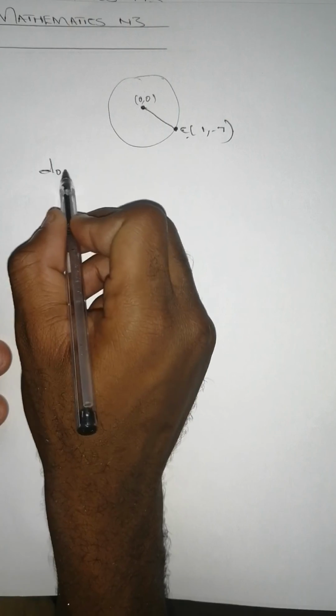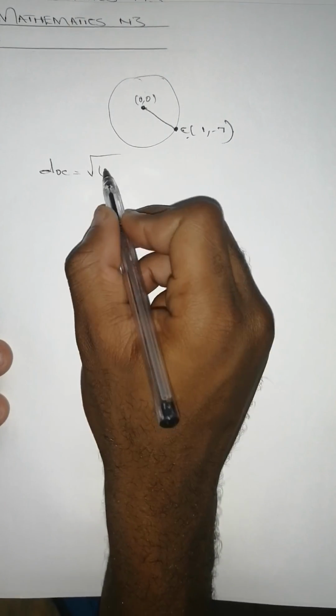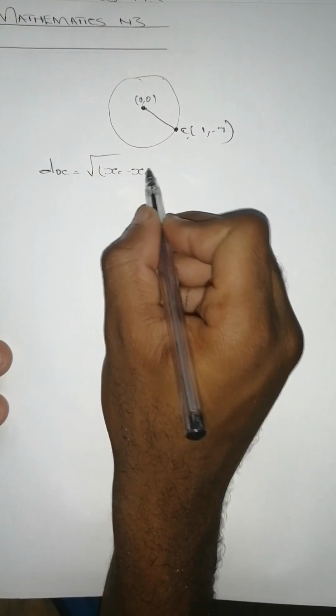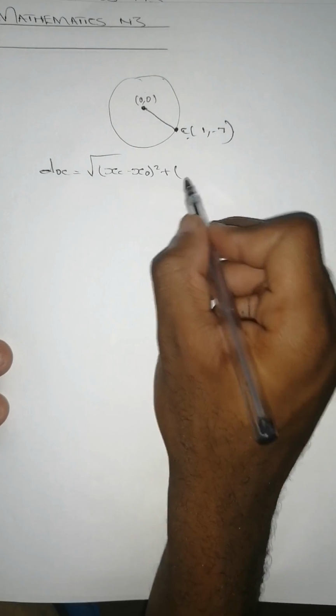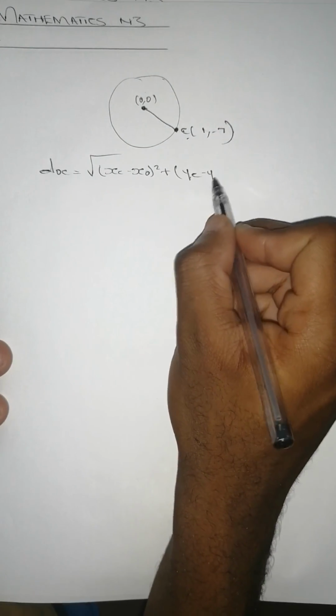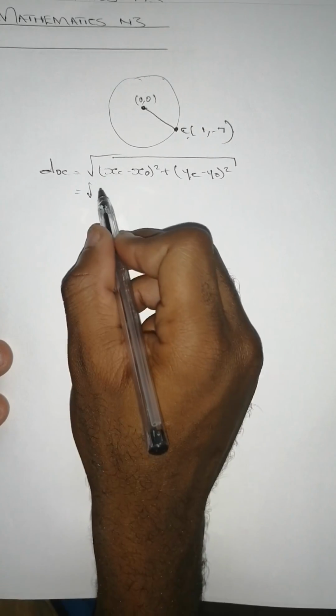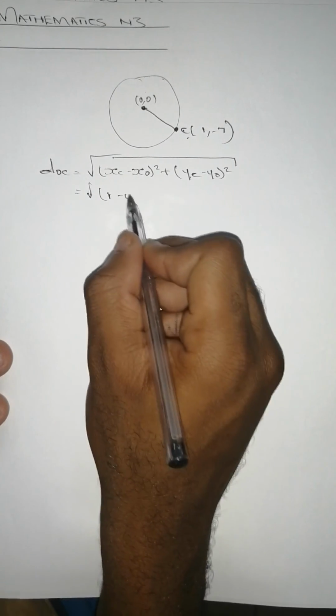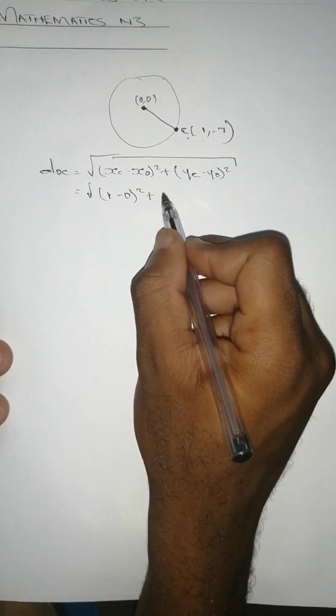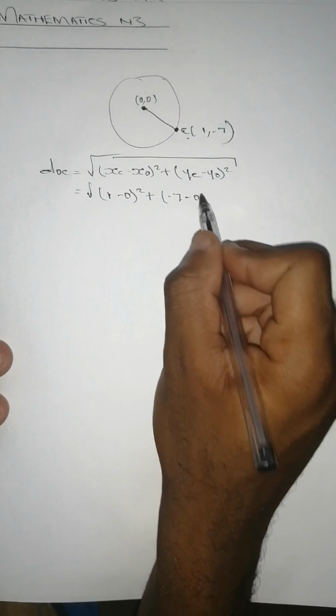So DOC equals the square root of (XC minus XO) squared plus (YC minus YO) squared. Substituting what we have is going to be 1 minus 0 squared plus -7 minus 0 squared.